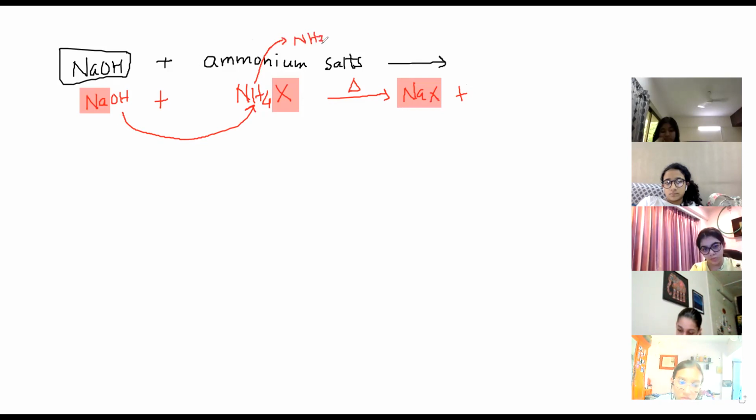Ammonia is NH3 and NH4 plus is ammonium, remember. Please don't get confused here. NH3 is ammonia, NH4 plus is ammonium. So the hydroxide here will displace the ammonia, meaning remove ammonia from ammonium.